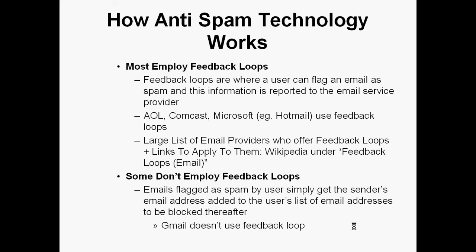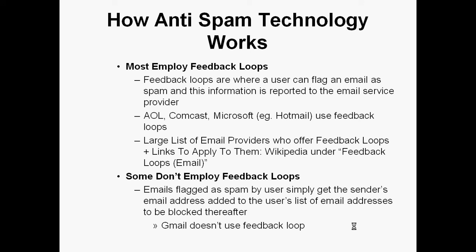When they do that, a signal is sent to the email provider indicating that the sender of that email had one spam complaint, and it came from this person and their email address. So most of the major email providers, whether they're broadband or free or GoDaddy types, use feedback loops.